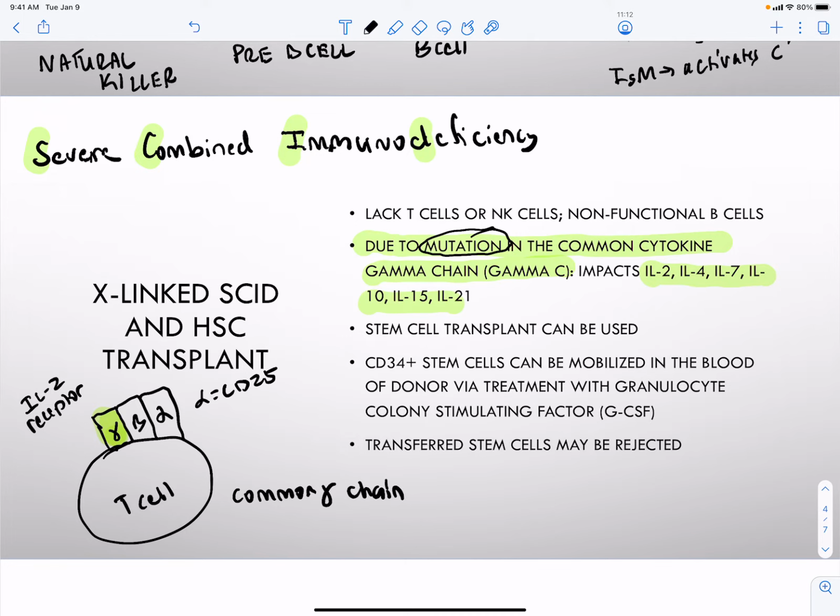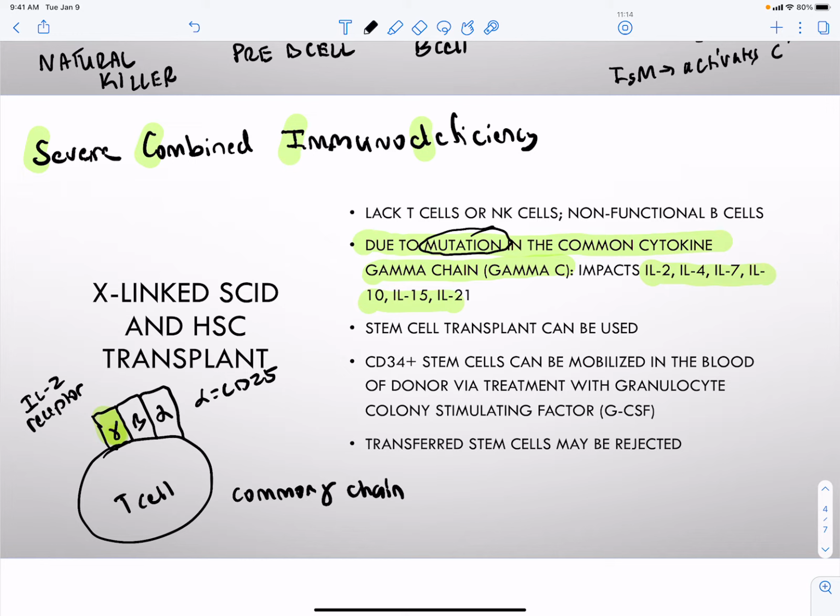So IL-2 is, of course, going to be a growth factor for an activated T cell. IL-7 is important for development of both B and T cells. So this is happening while the cells are developing, B cells in the bone marrow, T cells in the thymus. IL-15 is a growth factor for memory cells.